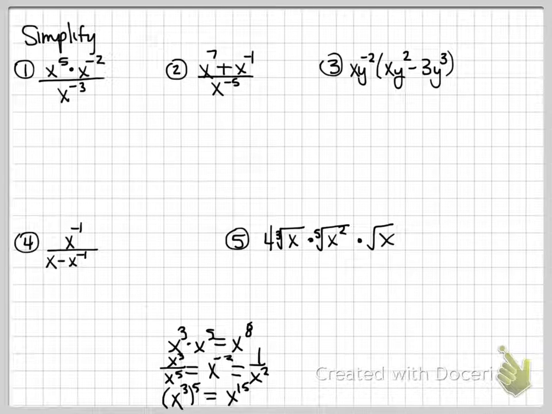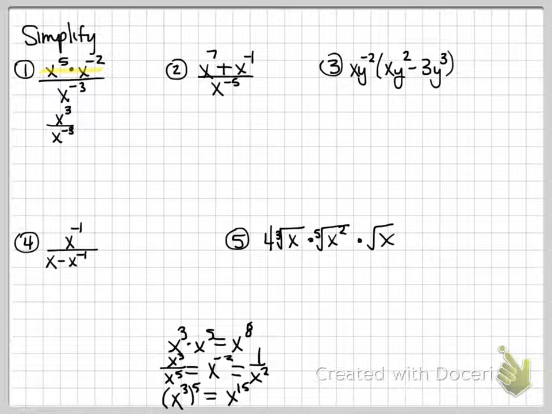So let's start with example 1. So we have multiplication in our numerator with an exponent in the denominator. So the first thing I want to do is simplify my numerator. And so I'm going to apply the first law, which is add the exponents together, and I get x to the third over x to the negative 3.